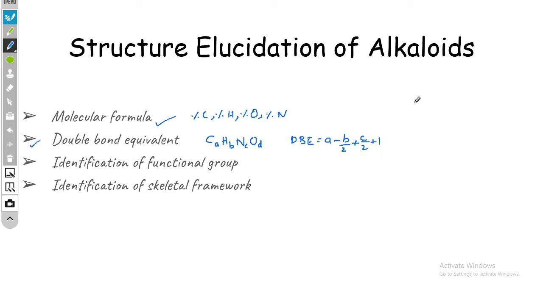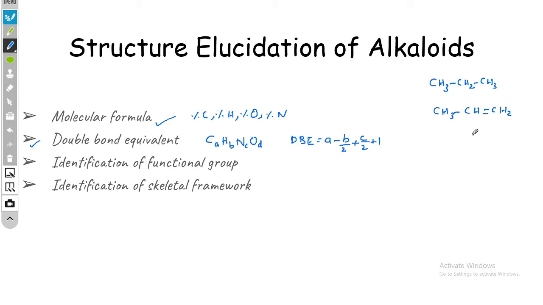I will explain this with a simple example which is not related to alkaloids. Consider propane, CH3CH2CH3. We remove one hydrogen from here and we get CH3CH=CH2.